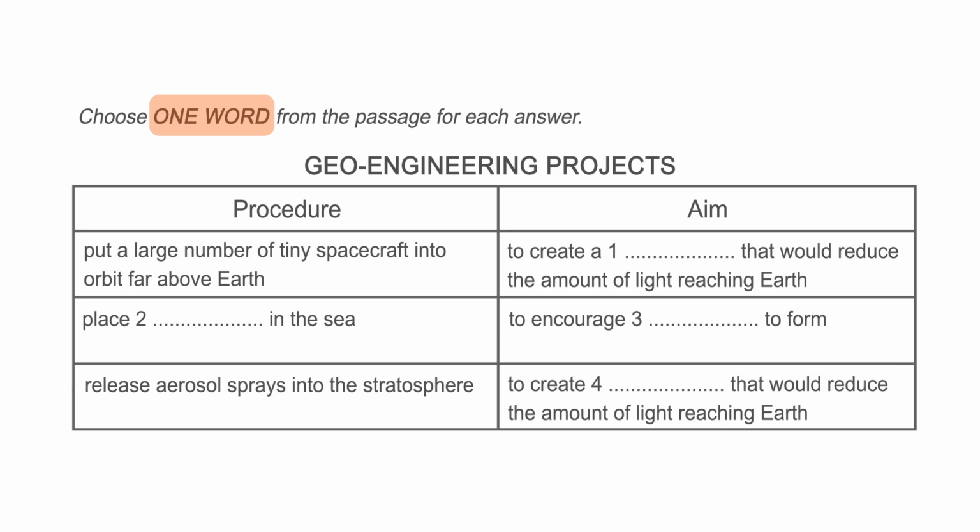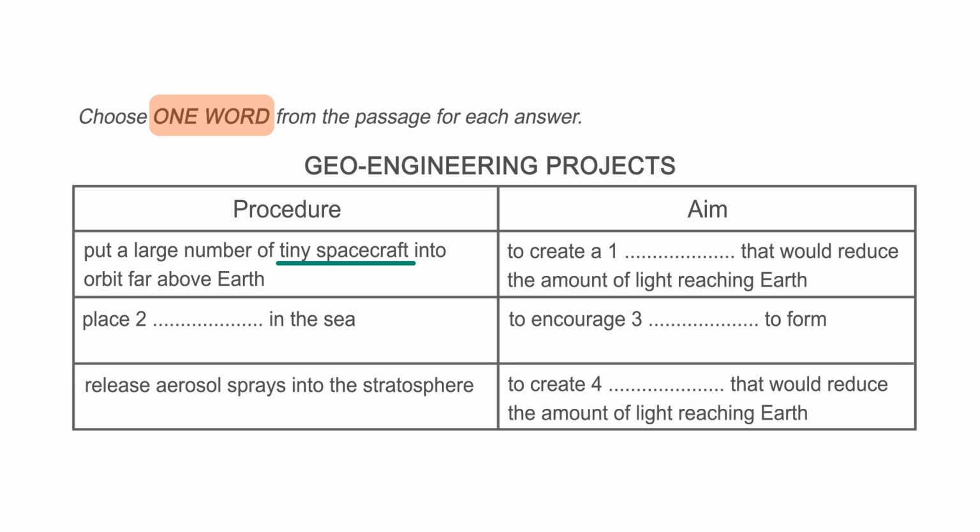So in the procedure, as you can see, put a large number of tiny spacecraft into orbit far above Earth. So Earth itself can be an easy keyword, but Earth itself is a word that is repeated, of course, a lot in the text. Tiny spacecraft can be our keyword here, but it's not that easy, right?